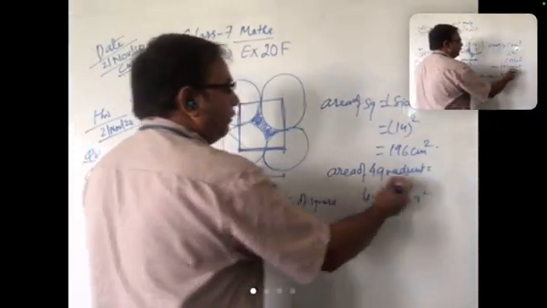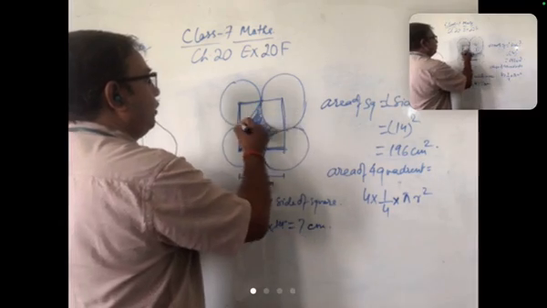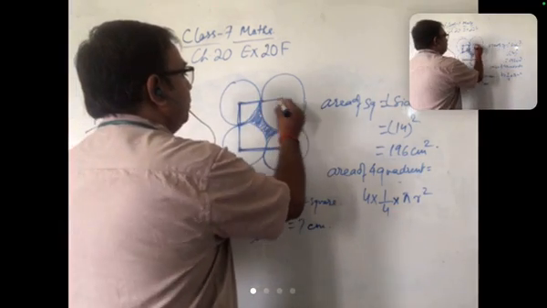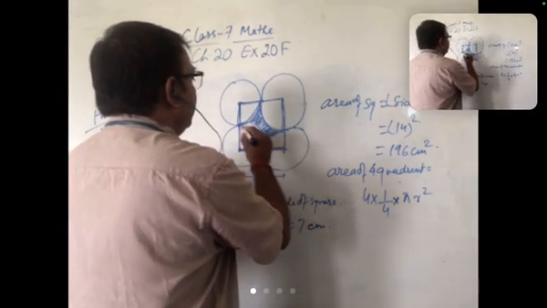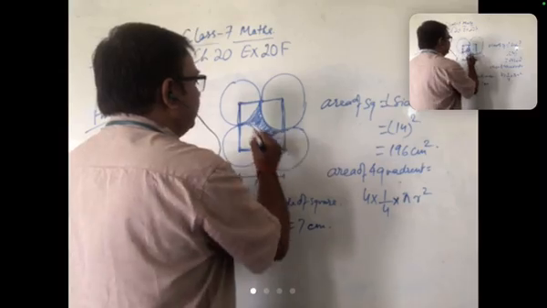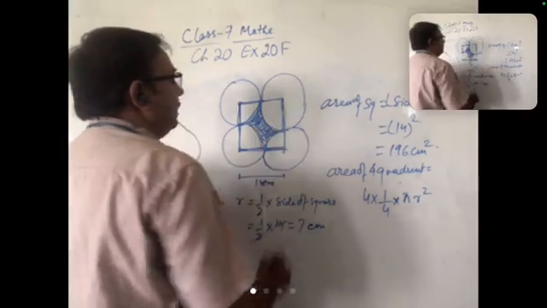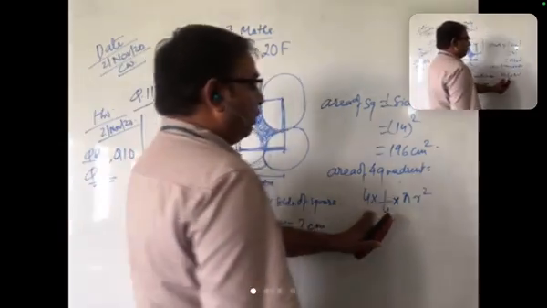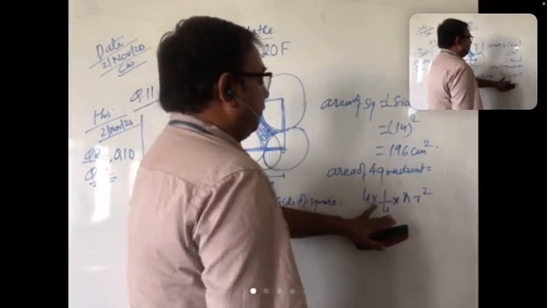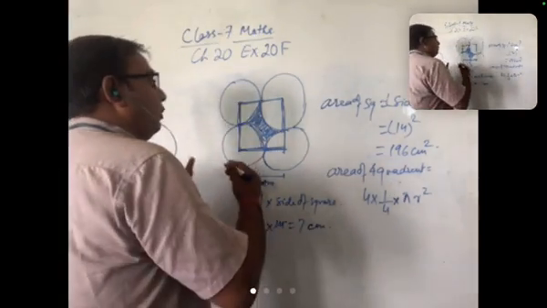So the area of four quadrant, because there are four quadrants, 1, 2, 3 and 4. Four quadrant means it becomes one complete circle.